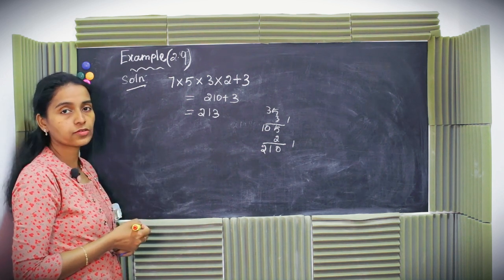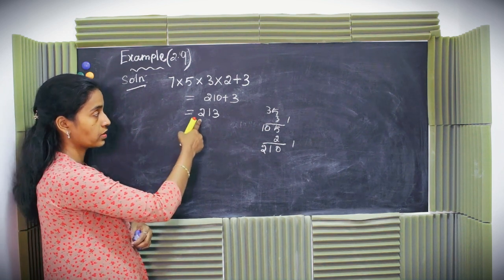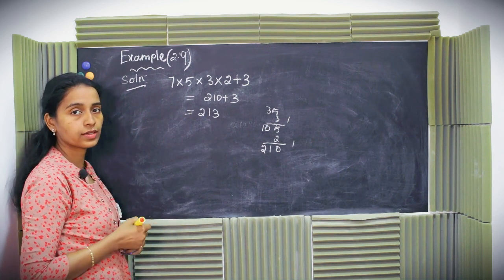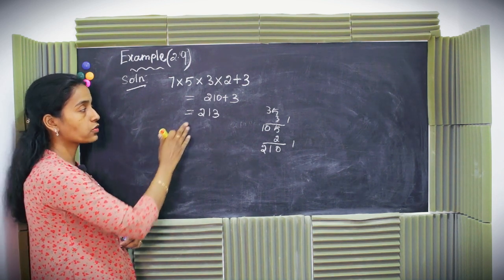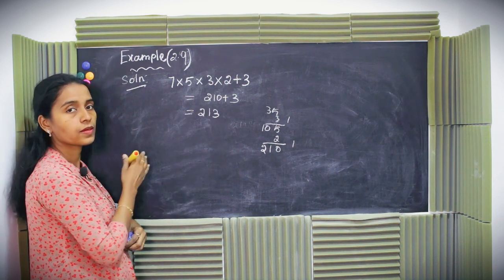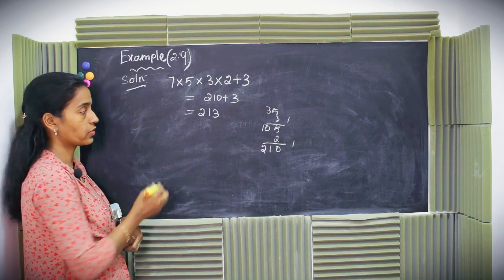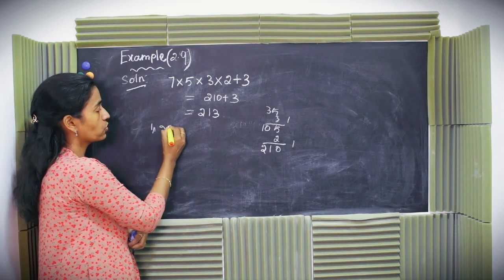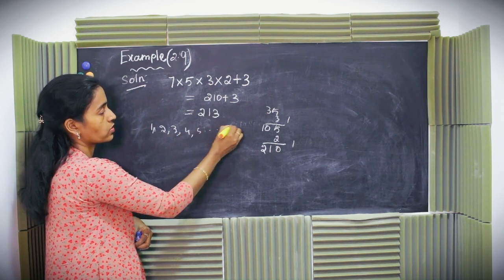For that, what do we have to do? We have to find out the factors of 213. For that, we need to divide this 213 by the smallest numbers starting from 1, 2, 3, 4, 5 and it goes on.